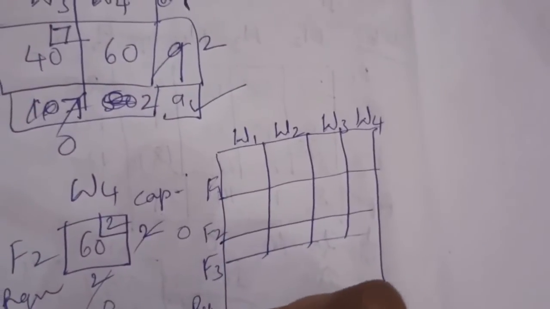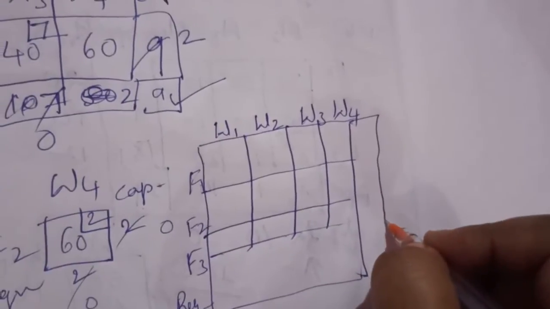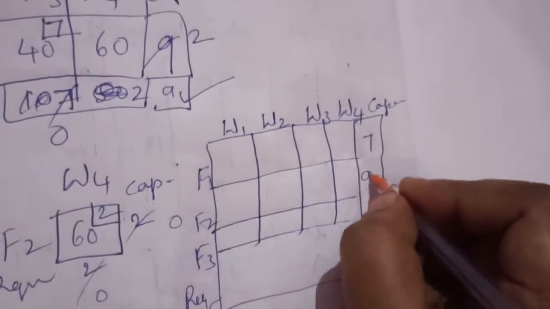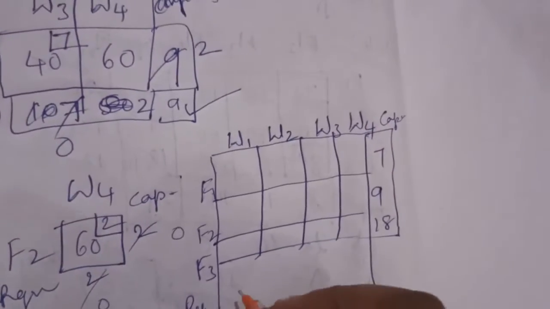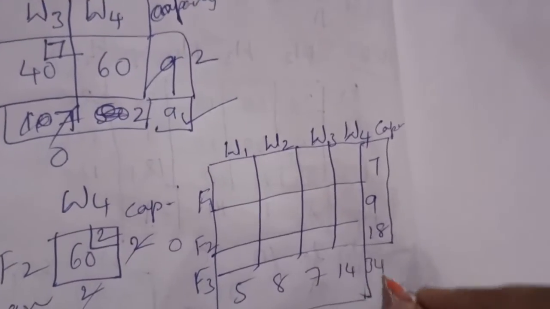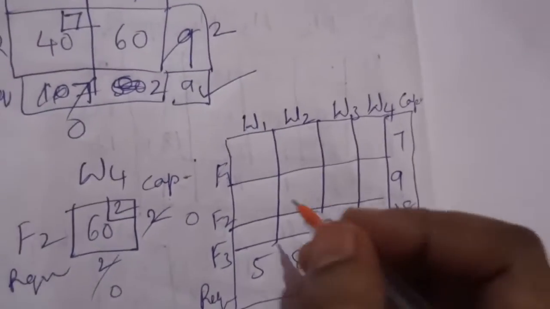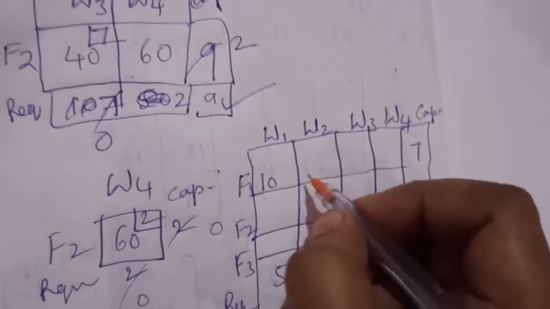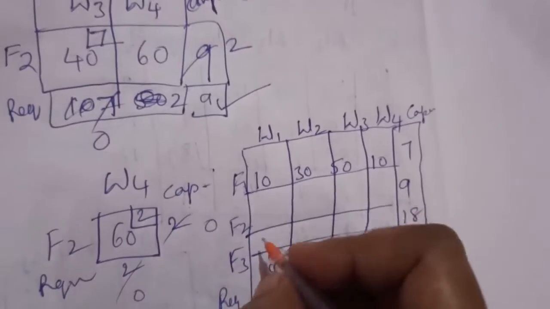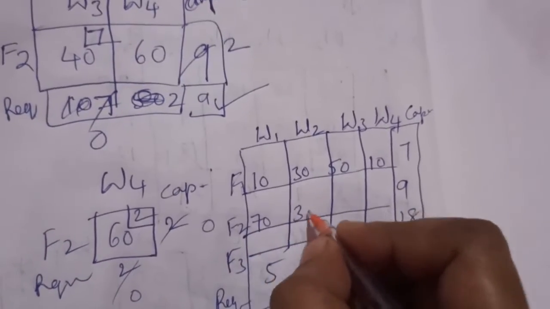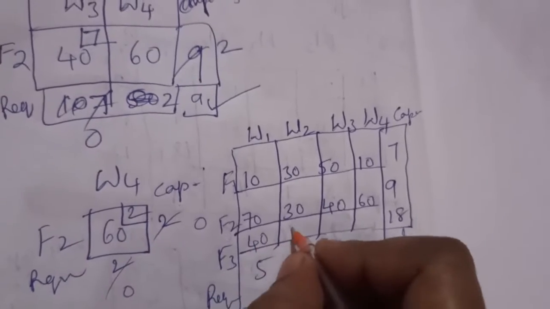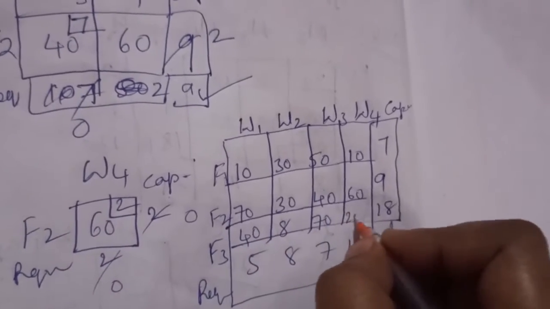Here are the requirements and capacities: 7, 9, 18 and 5, 8, 7, 14, with a total of 34. The costs are 10, 30, 50, 10, 70, 30, 40, 60, 8, 70, 20.